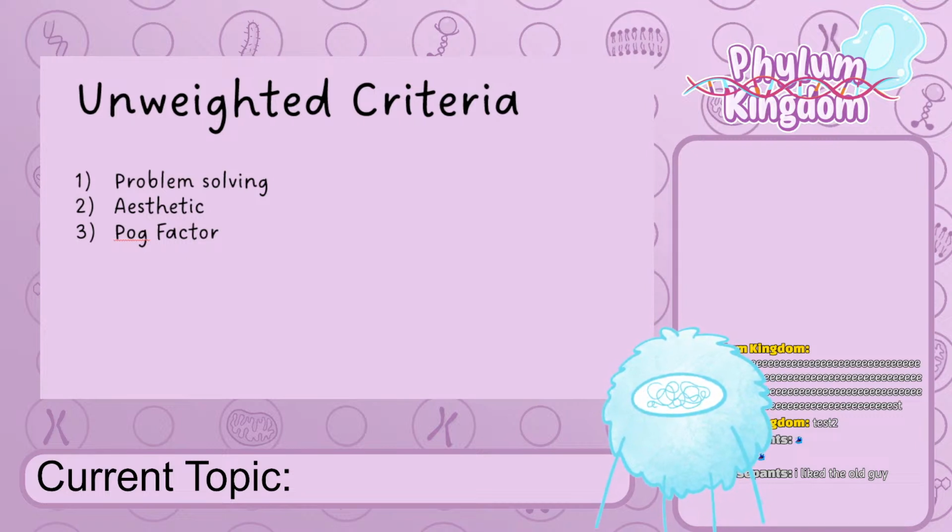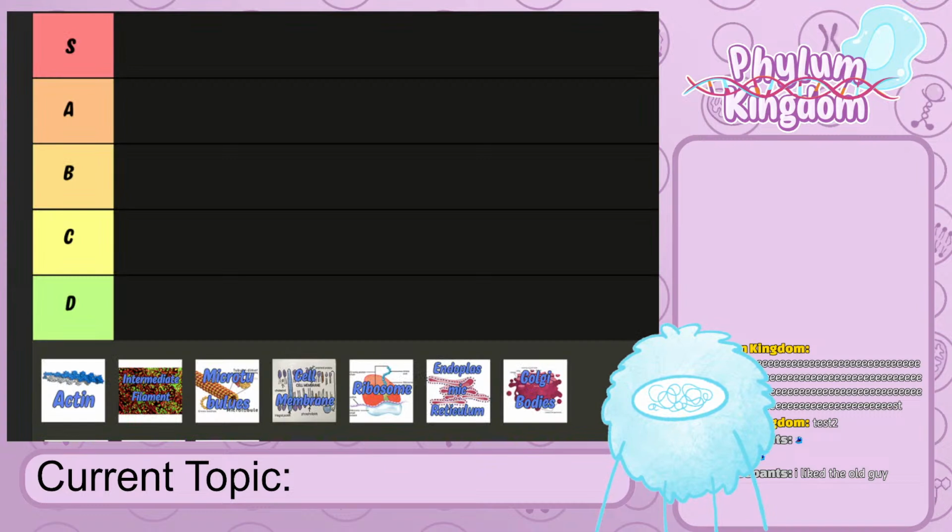And number 3 is what I like to call the POG factor. Just, are there things about this organelle that make my jaw drop, I should say. And we'll get into exactly what those POG factors are later on into the stream. But first, let's have a look again at that tier list with our first entry.